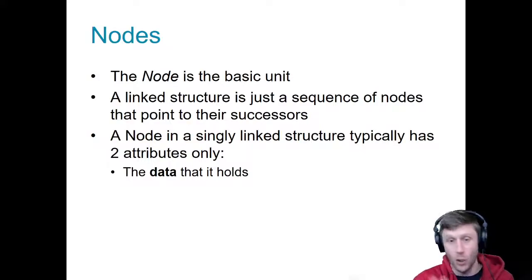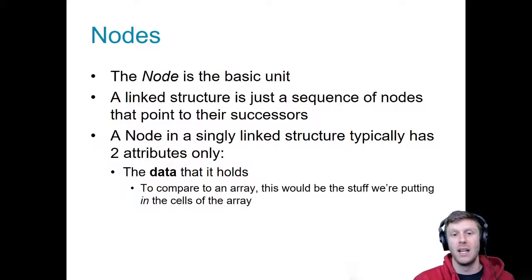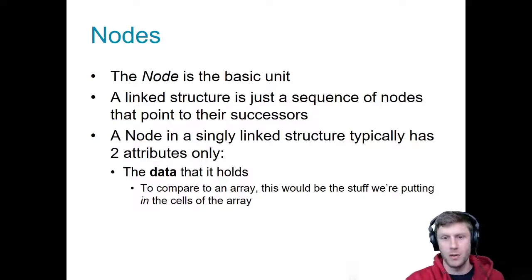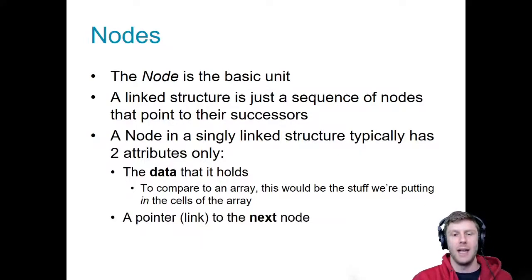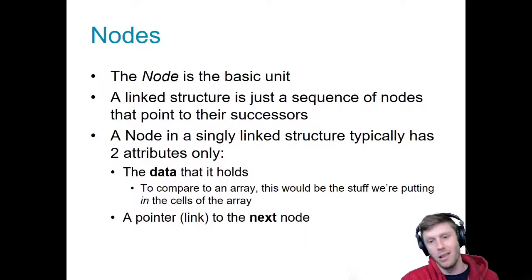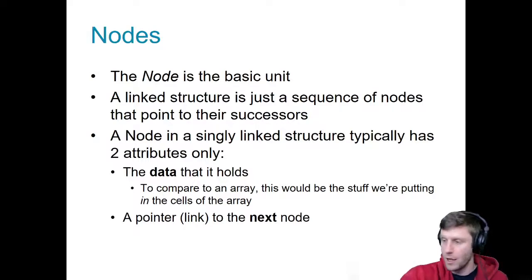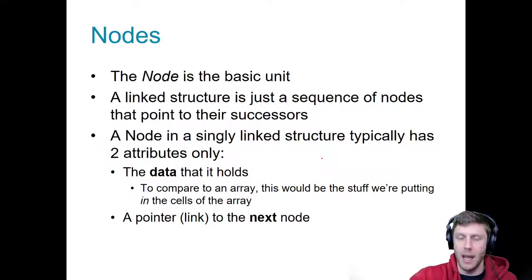The data that it holds, which, to compare it to an array, would be the stuff we're putting in a specific cell, at a specific index of the array. And a pointer, a link, to the next node. So if I had an array of 1, 2, 3, 4, 5, this is the data in it.